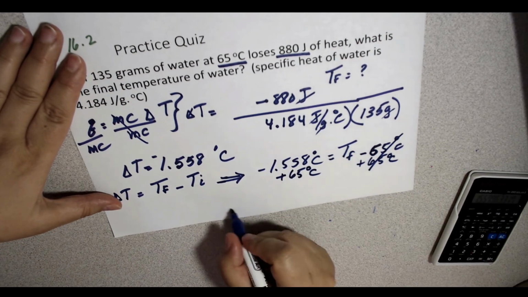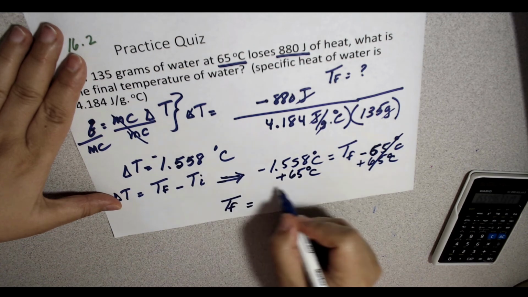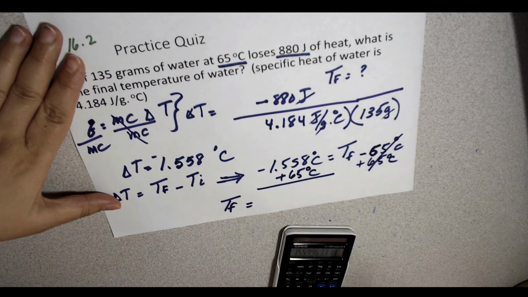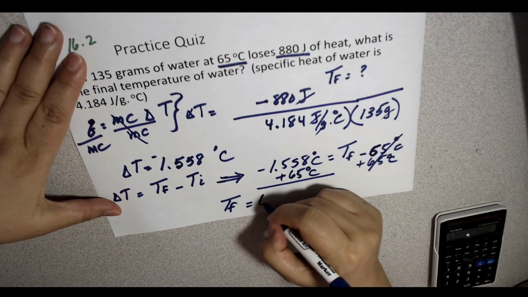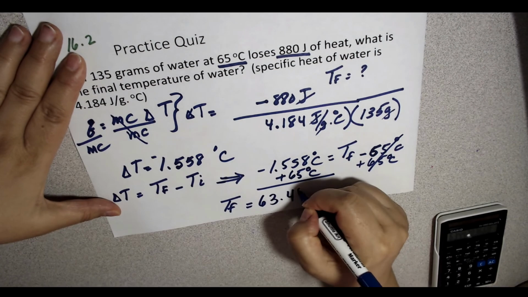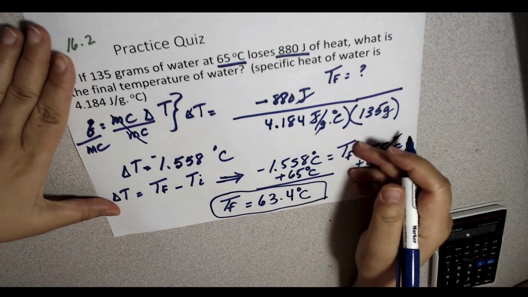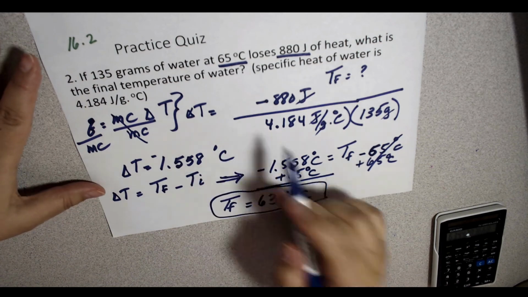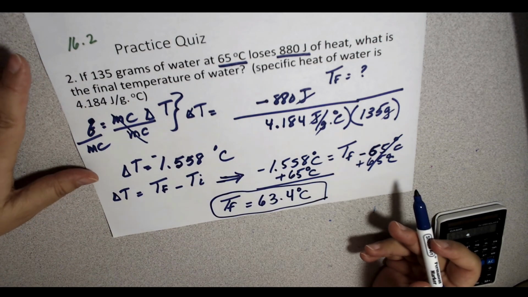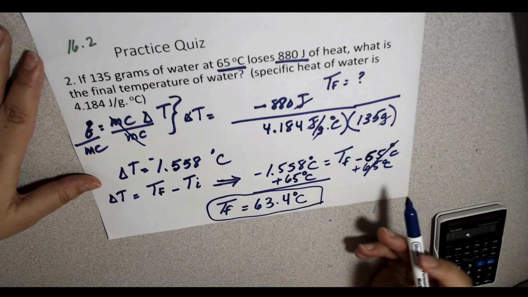So final temperature equals 63.44. Now, of course, if you forget to add the negative, you're going to get a different answer, and it will be the wrong answer. All right?